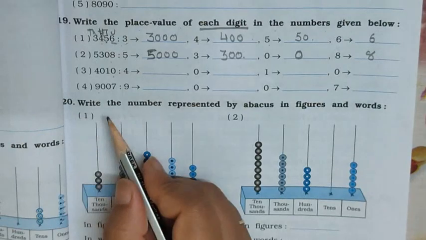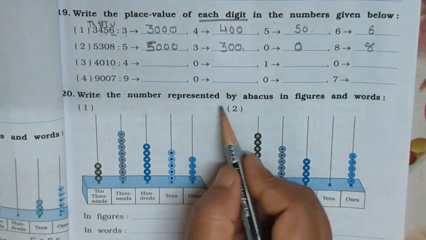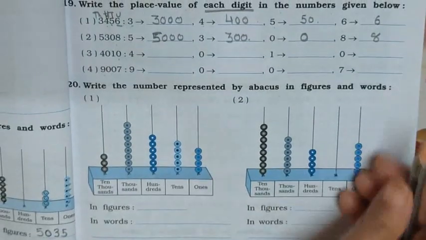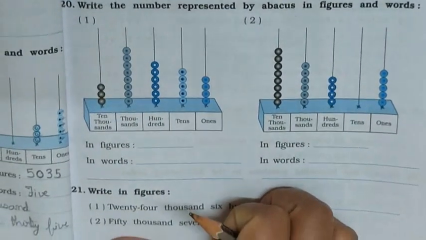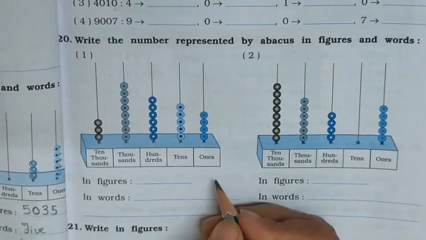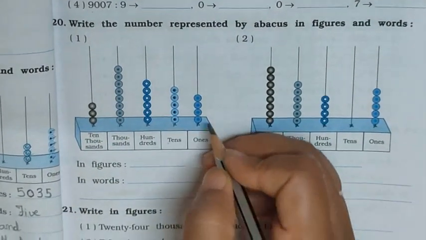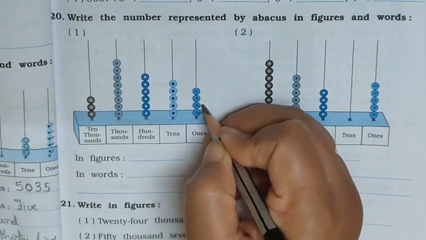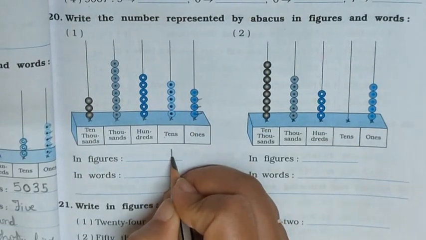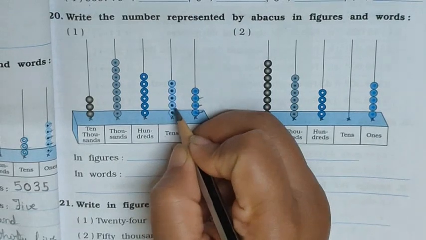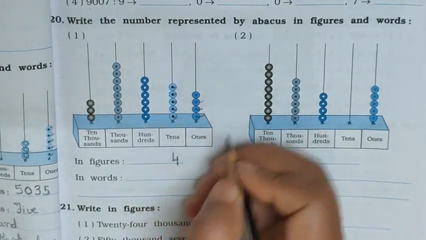Now main 20. Write the number represented by abacus in figures and words. See here. Abacus is given. Okay, now start from ones place. On ones, how many beads are there? 1, 2, 3, 4. So write down here 4. Tens place, how many beads are there? 1, 2, 3, 4, 5.